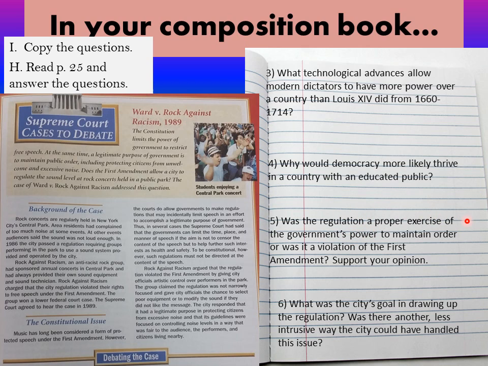Was it okay for the government to require groups performing in the park to use a sound system operated by the city? Or was it a violation of the First Amendment that they had to use the city's equipment and operators?